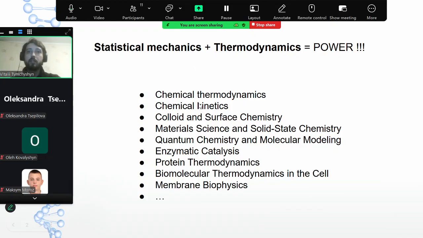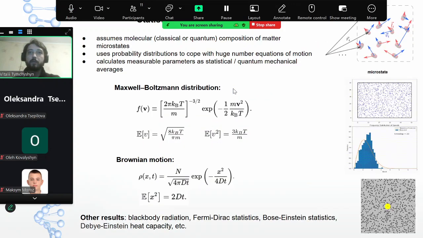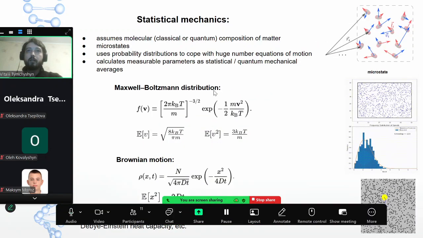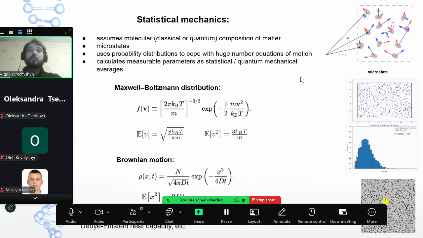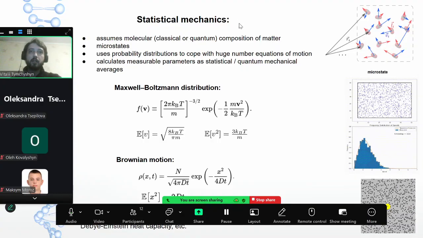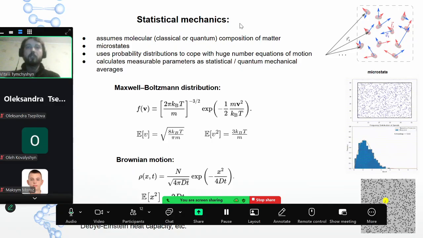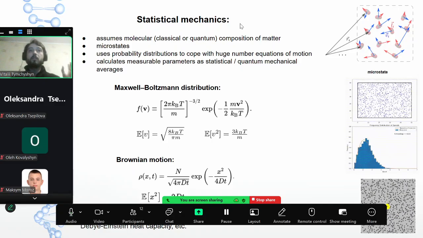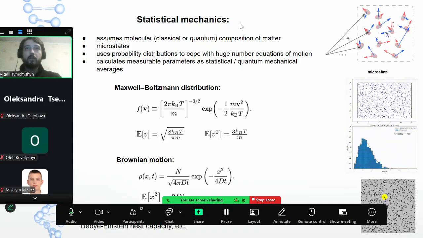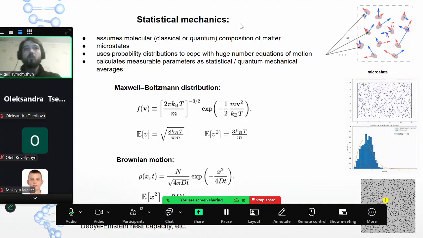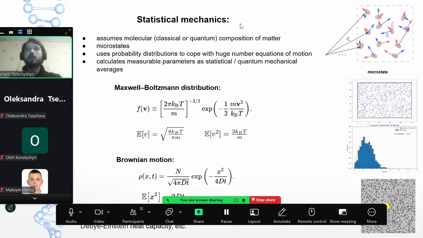So here is a list of whatever we can achieve by combining these 2 disciplines. Here are, let's say, some achievements of statistical mechanics. So what I want you to know about statistical mechanics. First of all, it knows about the molecular composition of matter. It may be classical, it may be quantum, but anyway, it knows about this composition.